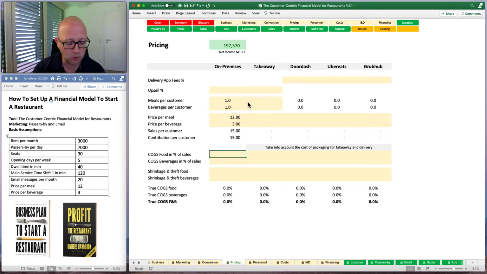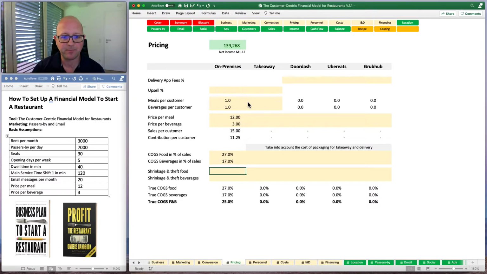But we just assume a realistic value for food of, let's say, about 27%, and for beverages, let's say, 70% or something like that. For food, you have to think about COGS between 20 and 30%, and for beverages between 10 and 20%. These are realistic reference values.